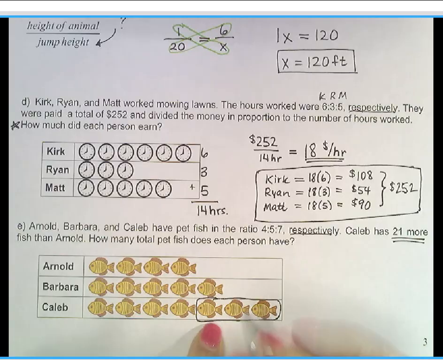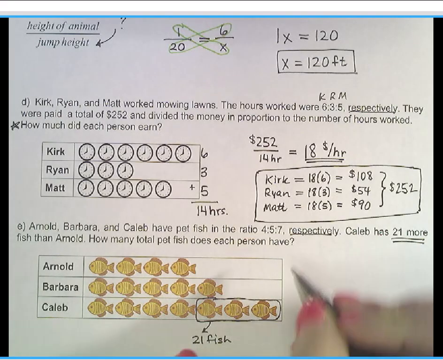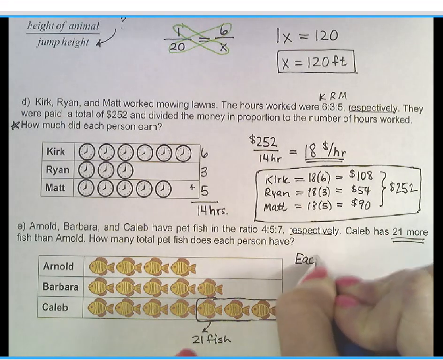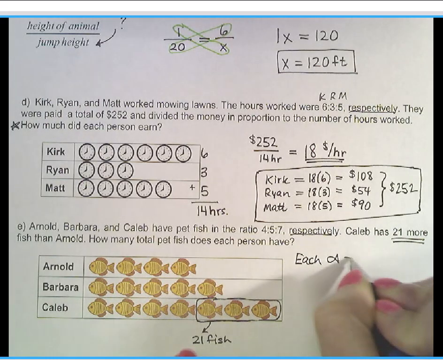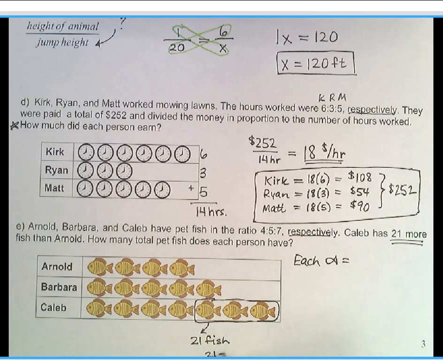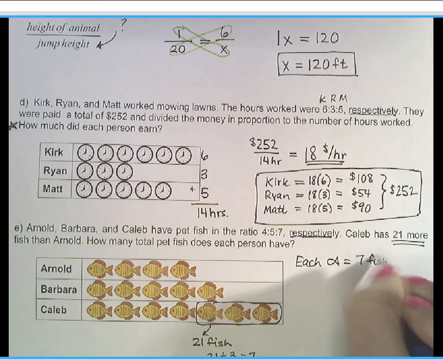So these 3 right here is 21. This represents 21 fish. So what does each little fish stand for? If there's 3 of them here and that stands for a total of 21, then each little fish icon is equal to 21 divided by 3, which is 7. So 7 fish.